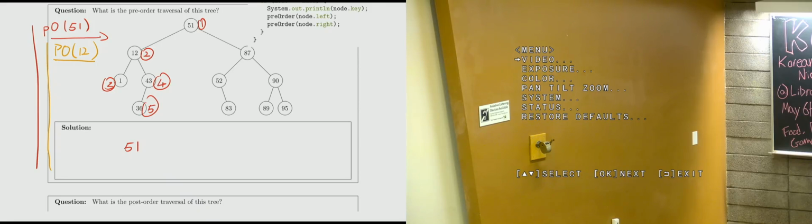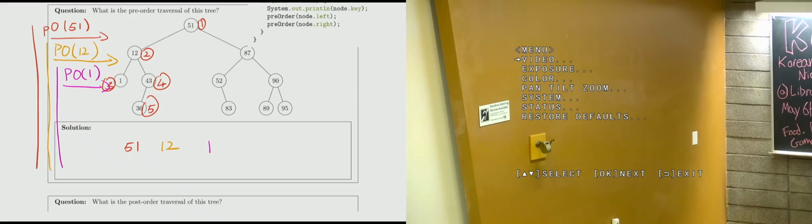So you start a fresh copy of the function call. So every single function call of the PO 12, the first line is print out the 12, right? So it goes print out the 12. And then the second line is step to the left again. So I change color, do PO 1, and then print out the 1.